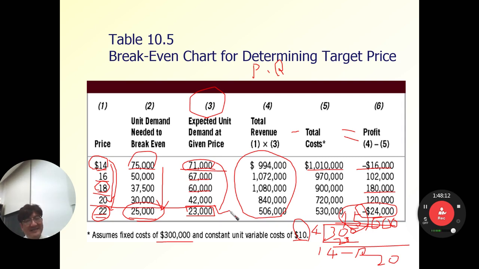Not all cases. So there is some theory which investigated the relationship between price and quantity, which is the inverse relationship. And what do we call this one? Yes, we call this one the demand curve.